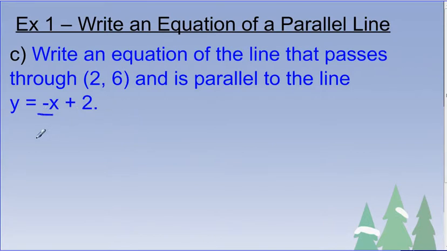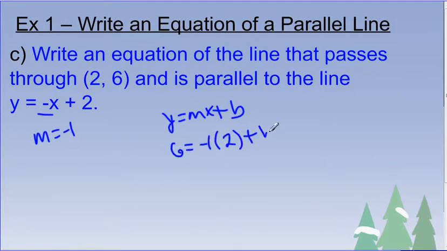Slope is negative 1. There's my point. So I use y equals mx plus b. Y value is 6. Slope is negative 1. X value is 2. I do not know the b, so we're going to solve. Simplifying that gives you 2. Solving, we need to add 2 to both sides.